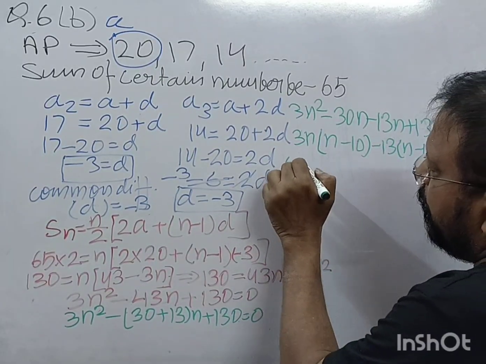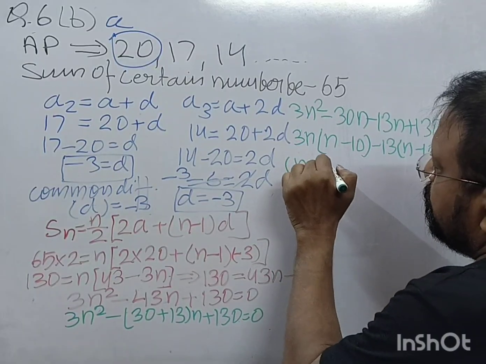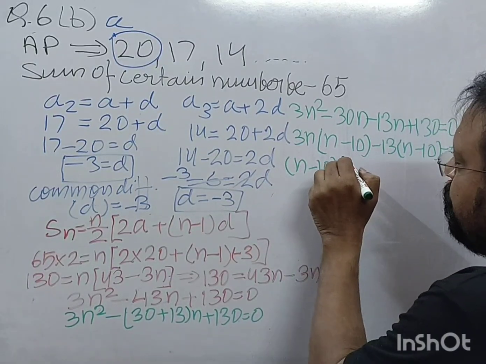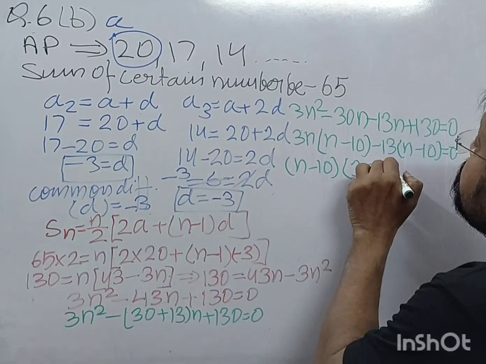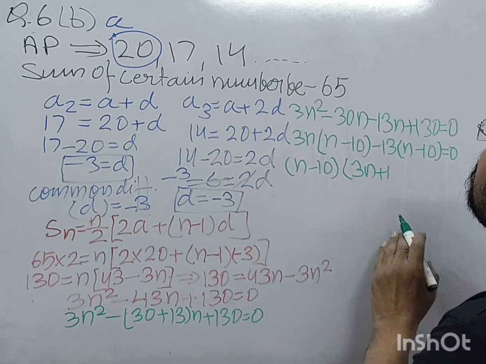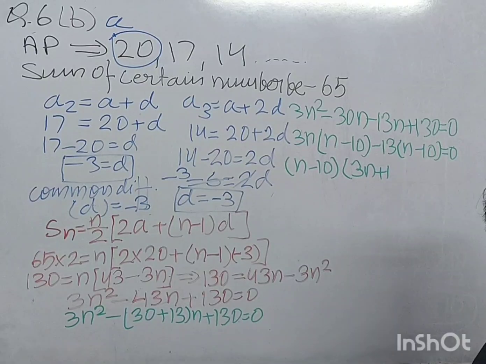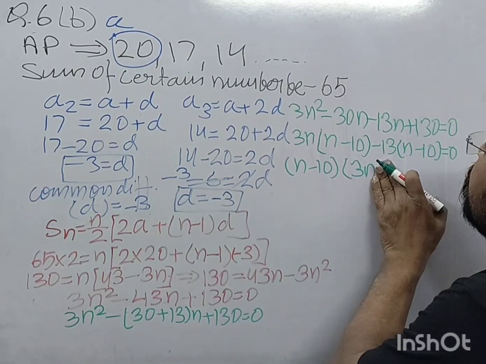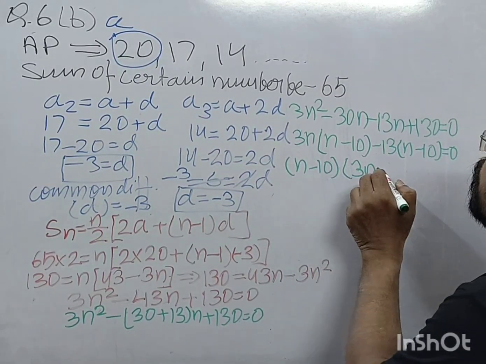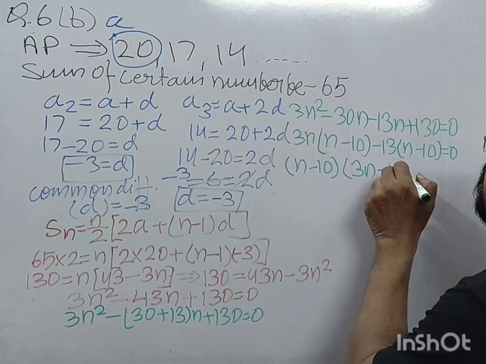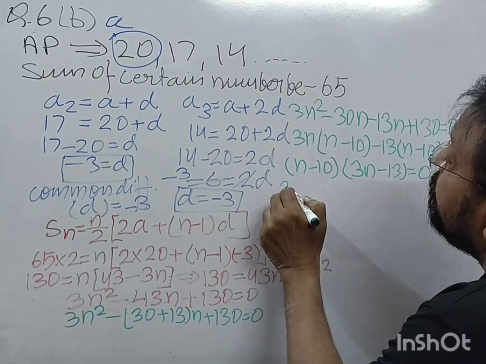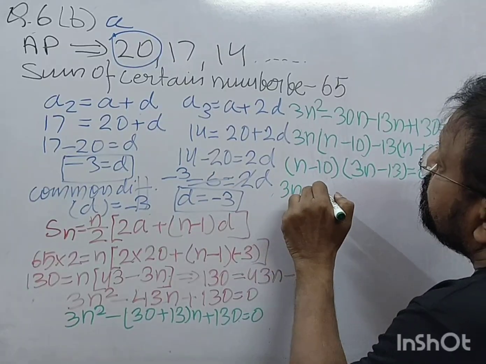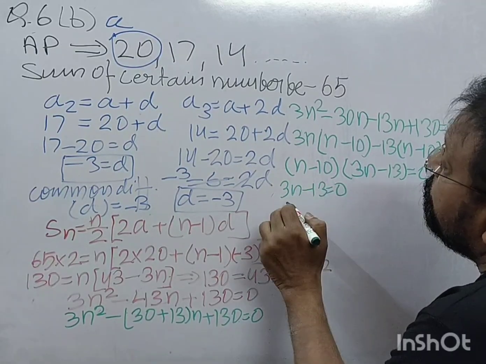So if you take n minus 10 as a common, you get 3n minus 13 is equal to 0.